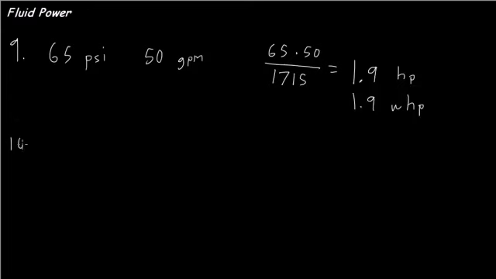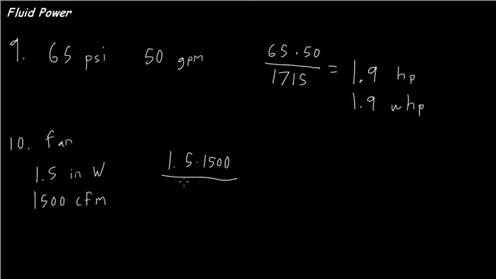Now let's do one but for a fan. So my pressure is 1.5 inches of water, and my flow rate is 1500 CFM, and I want to know the output power of the fan. So again, I use my working equation, 1.5 times 1500 divided by 6356.